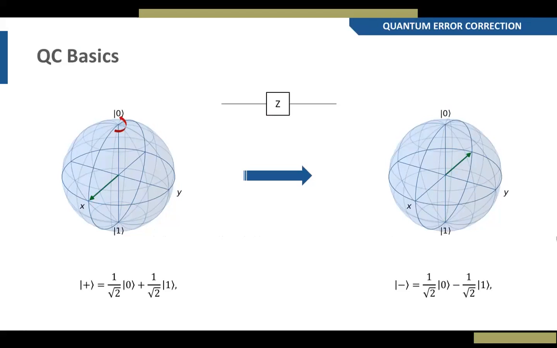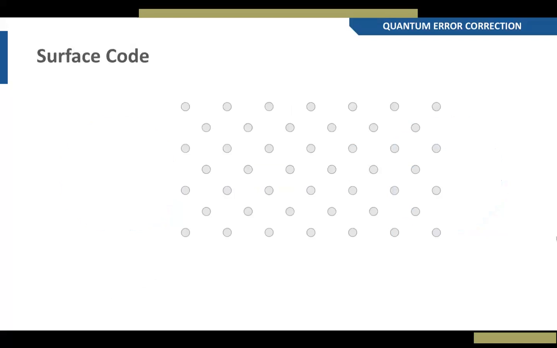Since these two states are really common in quantum computation, we actually give them a name, commonly known as the plus state, which is written as 1 over root 2, 0 plus 1 over root 2, 1. And the negative vector is basically the minus state with the minus sign. Okay? So that's two of the very simple quantum gates.